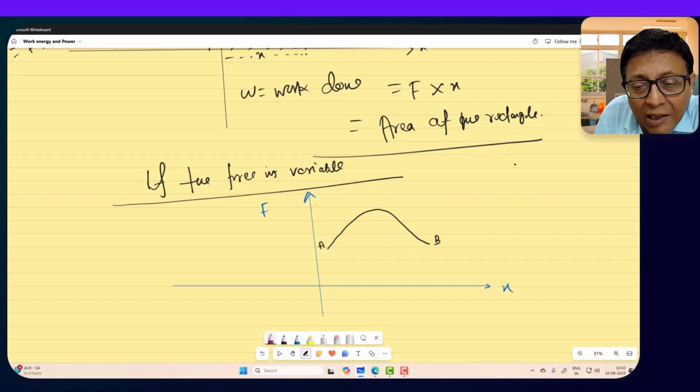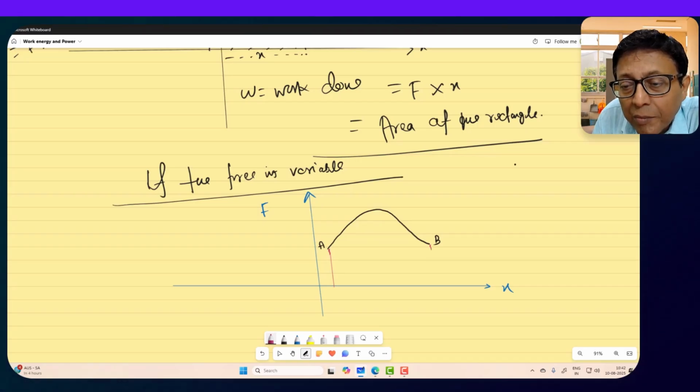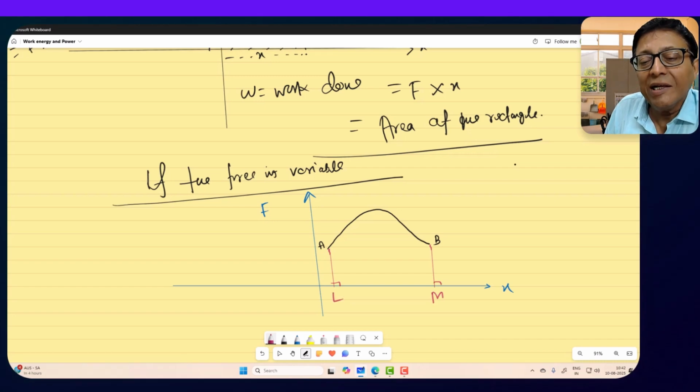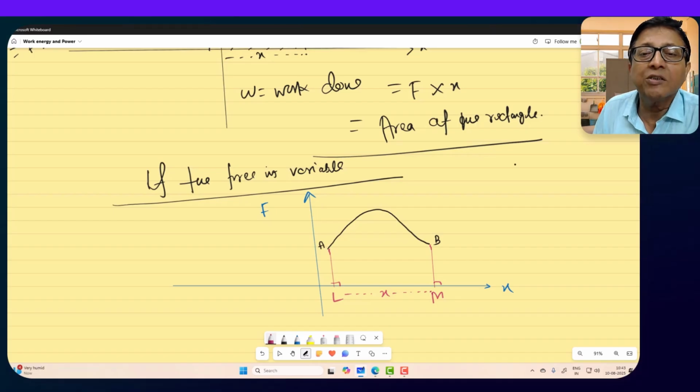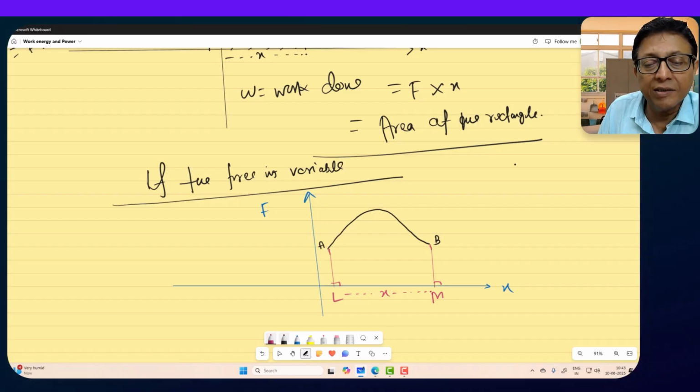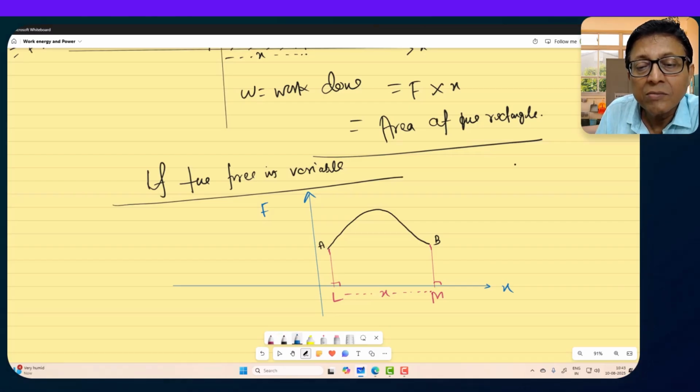So imagine the whole displacement from A to B, that is definitely along the x-axis, AL and BM, along the x-axis. Over this whole path the force is not constant, it is changing in this manner. Let me show you here.